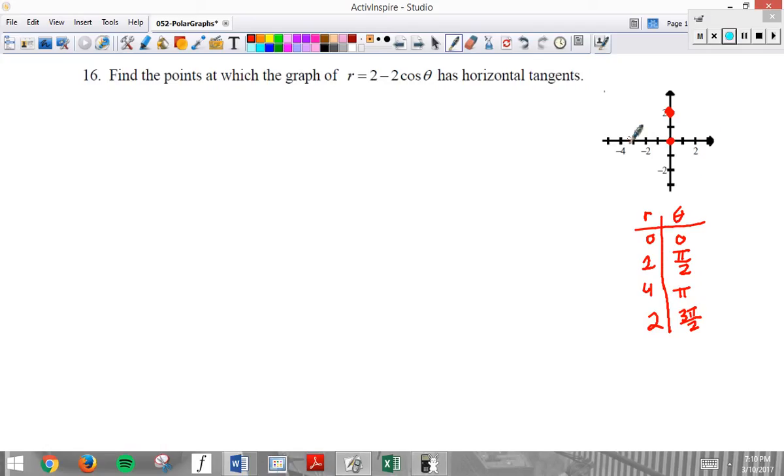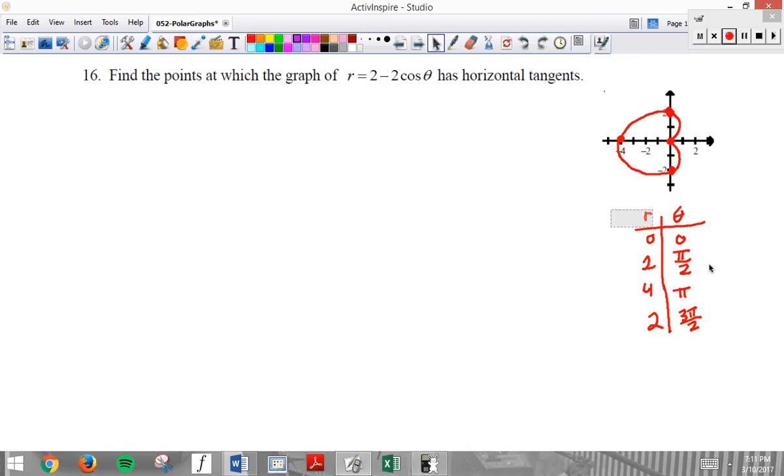Pi rotation, go out 4. 3 pi over 2 rotation, go out 2. Over here, butt shape, heart shape, limaçon shape. What do you get back?